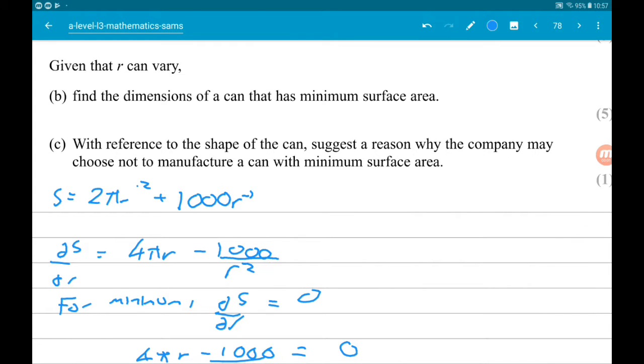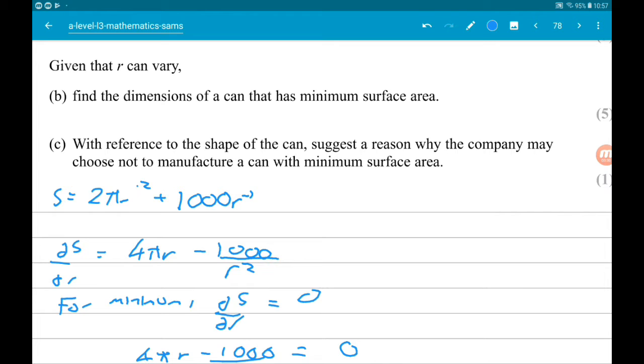Okay, then part C, with reference to the shape of the can, suggest a reason why the company may decide not to manufacture a can with minimum surface area. So, think about the length we've just found for the radius, 4.3 centimetres.